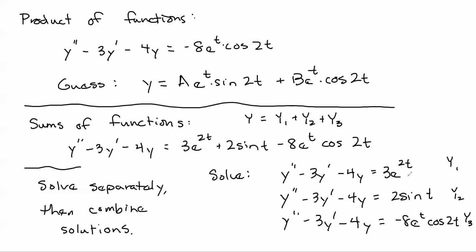If you add up the three solutions and plug it in, it will solve all three at the same time. So that's how you handle sums of functions, by solving for each piece separately and then combining them to get the specific solution for the sum or difference.